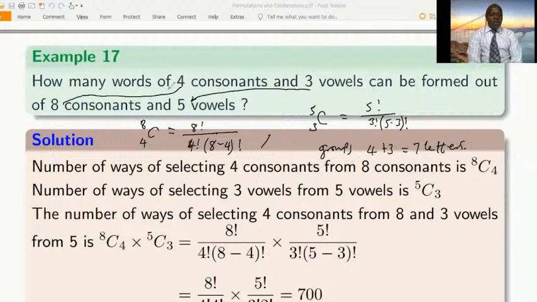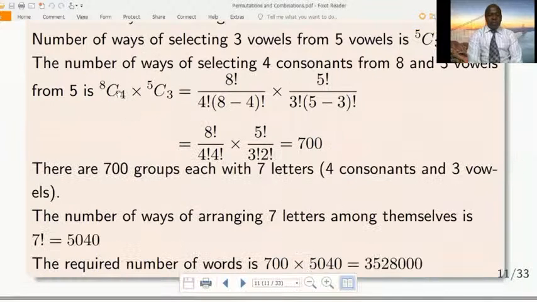So the question is, how many words can we form? After you found the groups to be 700, let me just see what I got, because I have to multiply those 2 results. I had to multiply the 8 consonants, grouped 4 at a time, times the 5 vowels, grouped 3 at a time. That was giving 700.